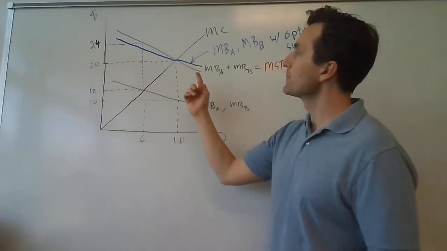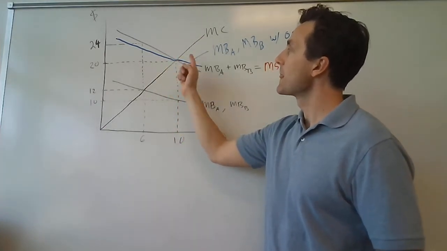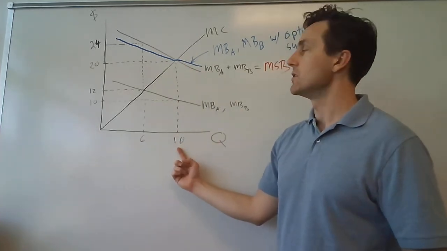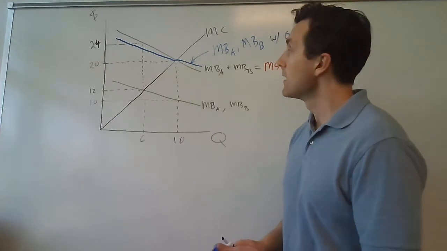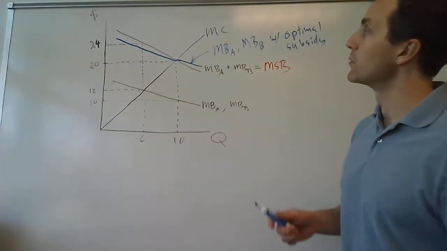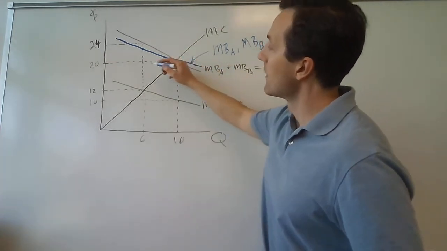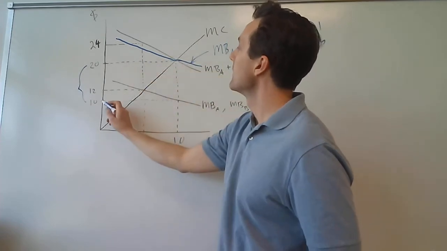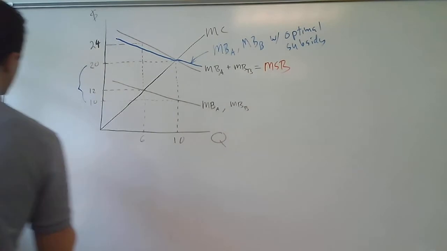And notice that their marginal benefit curve goes through the marginal cost curve at that point, so they would have an incentive to buy 10 units because the subsidy raised their marginal benefit. The optimal subsidy would be $10 because that's the difference between these two. The way we see that is because the height here is 20 and the height here is 10. So the optimal subsidy is the difference here.